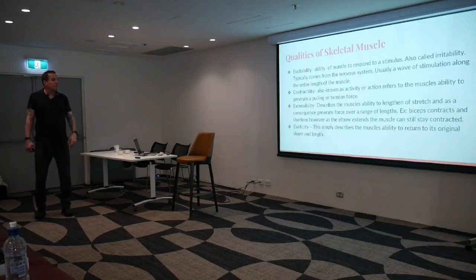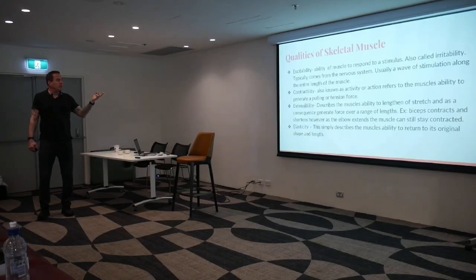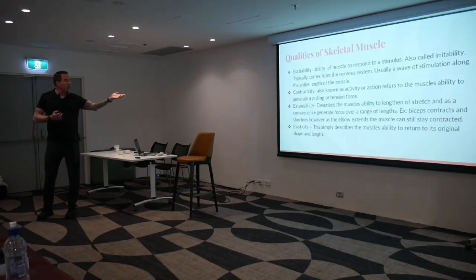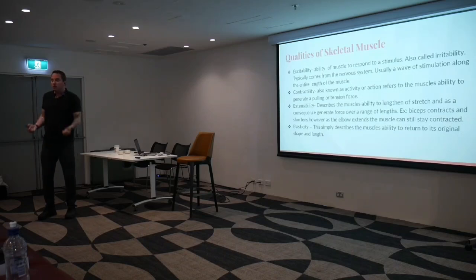Extensibility. That's the ability to lengthen and, as a consequence, generate force over a range of lengths. The bicep contracts and shortens, however, as the elbow extends, the muscle can still stay contracted. It's like if you do a curl and you're slowly lowering the weight, the muscle's still contracted as it's stretching.